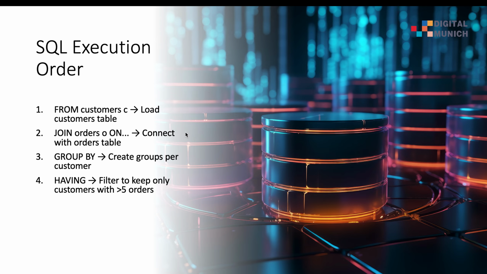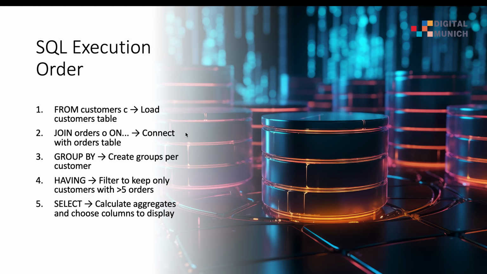Once the grouping happens, then the filter is applied using having. And then we know, okay, from these groups, we need to filter only those rows which have this specific count. Then comes select. And that's the reason when we were using group by or when we were using having, select was not executed at that time.